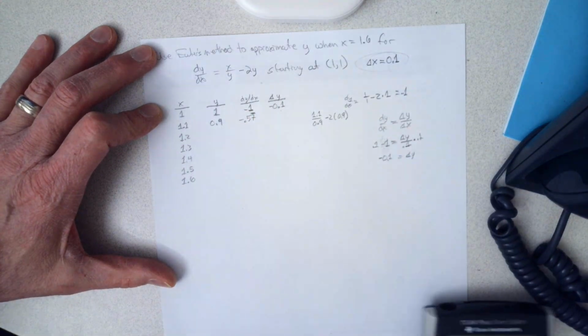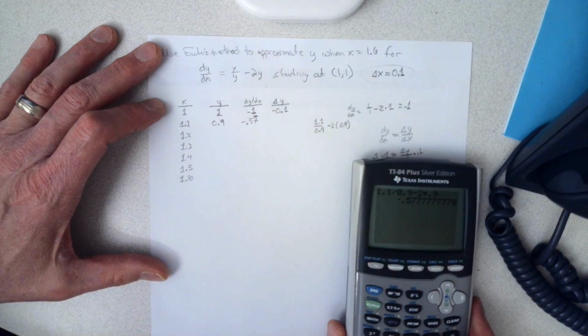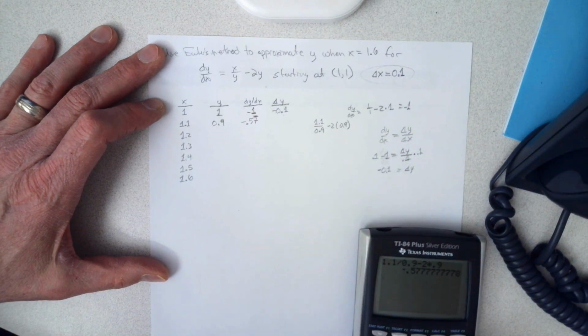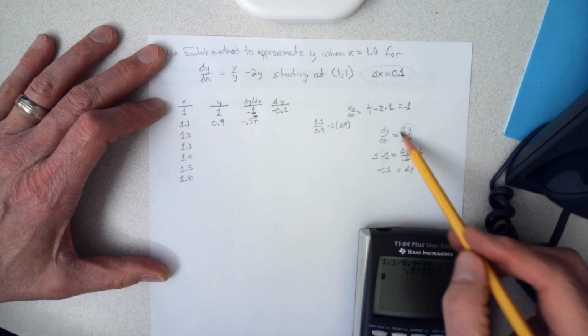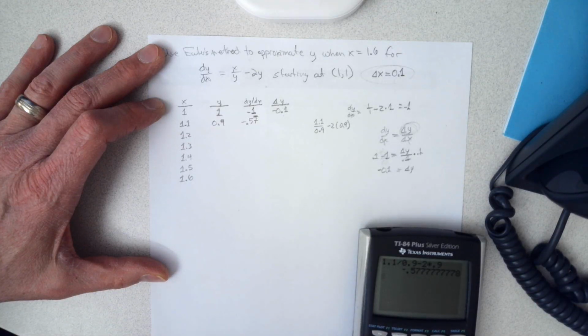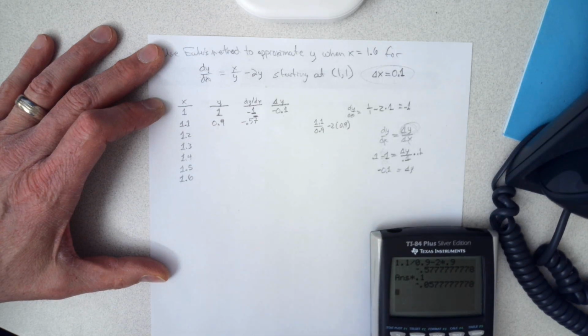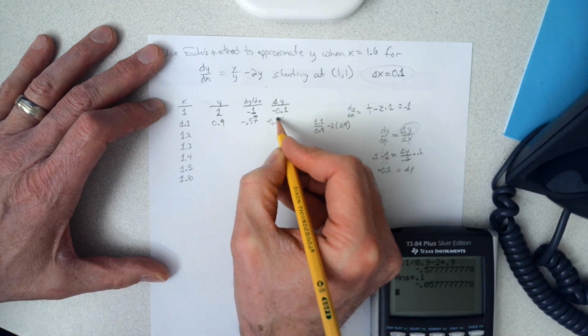We want to keep a bunch of decimal places as I go along here. So how much is my change in y? Well, the way this worked out was my delta y was always going to equal whatever the dy/dx was times 0.1. So if we multiply that by 0.1, then my change in y is negative 0.057.